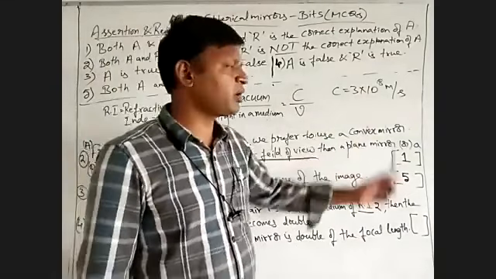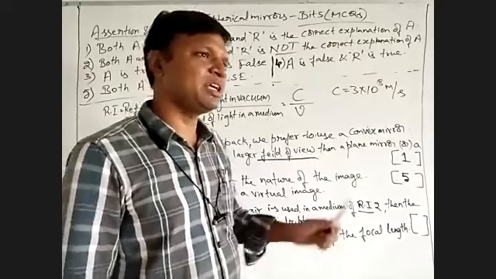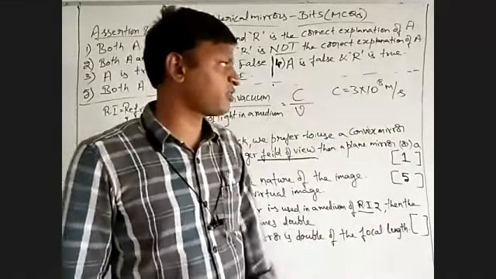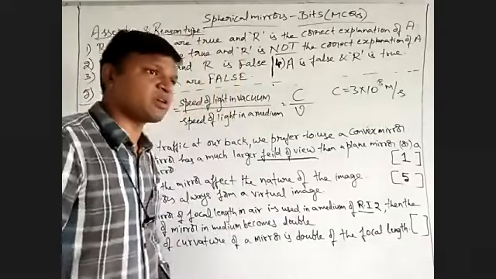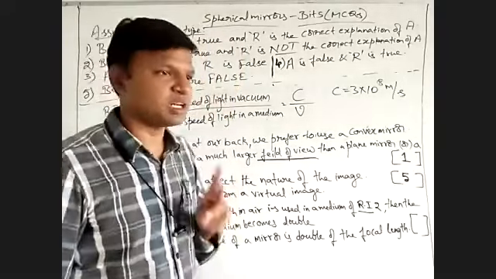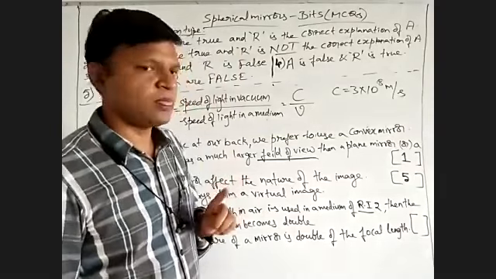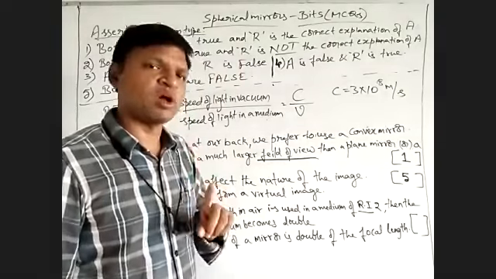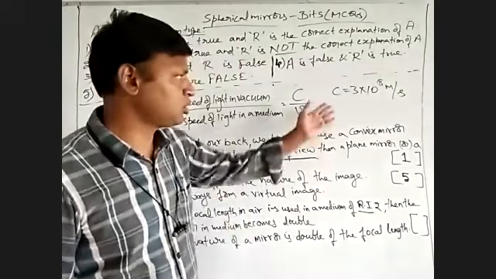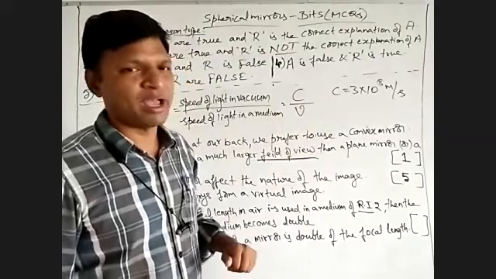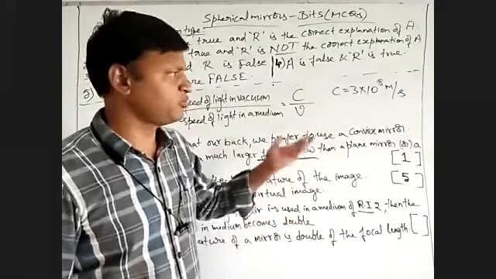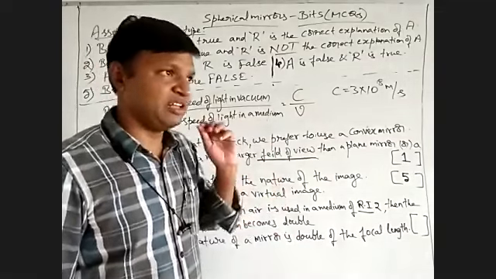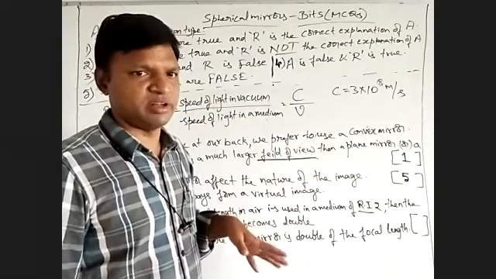If you want it in kilometers, just reduce 3 zeros: 3 into 10 power 5 kilometer per second, which means 3 lakh kilometers in only 1 second. That is the speed of light in vacuum or empty space, an enormous speed that is very difficult to imagine.